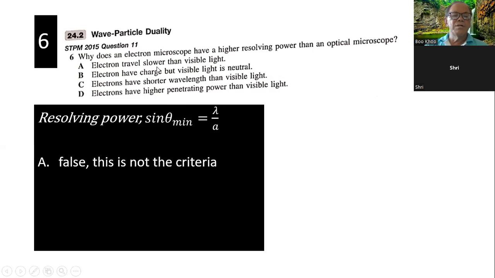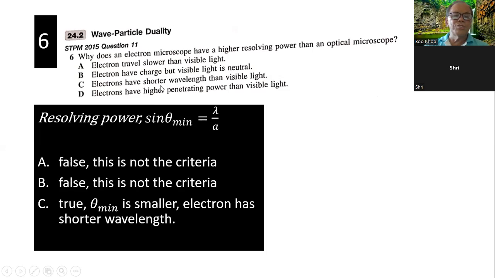Electron travels slower than visible light. No. Even though this is not the criteria that we are looking for, even though it's true. Electron has a charge, but visible light, that's not a criteria also, right? Electron has a charge or moving slower, it doesn't come into the equation.